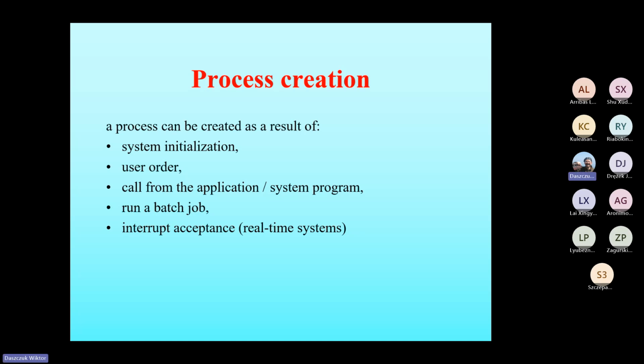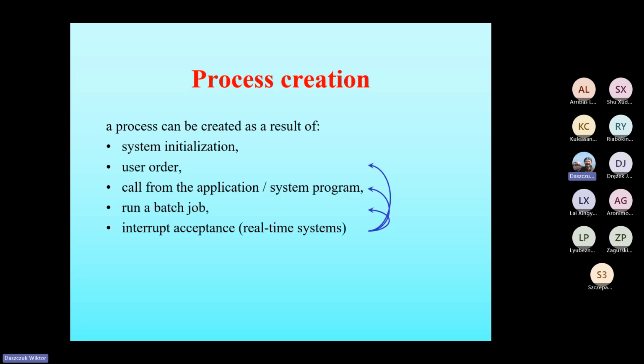Run a batch job. It creates a set of processes that take every job in the batch and create a process to run this program. On acceptance of an interrupt in a real-time system, it can start a process to serve the device that sent the interrupt, and so on.